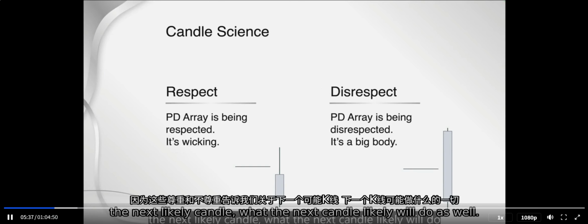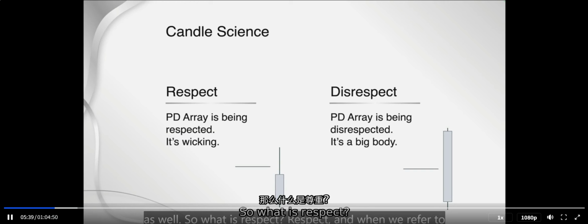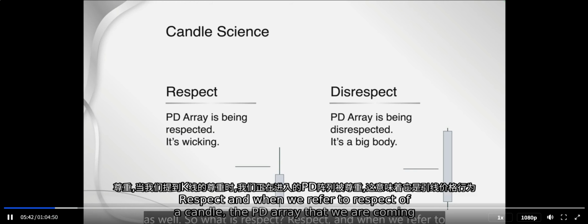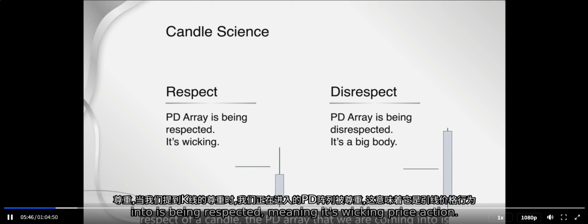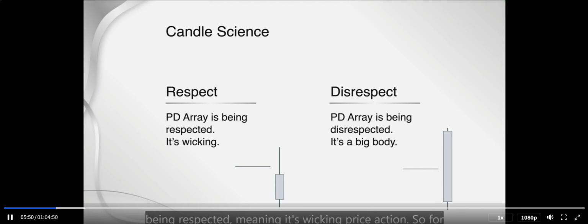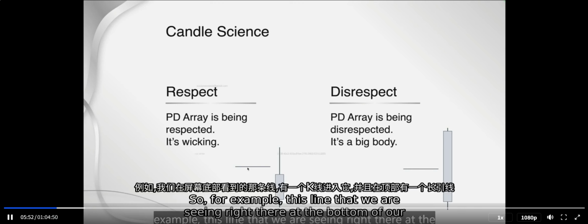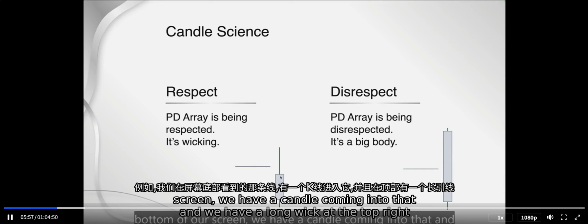So what is respect? When we refer to respect of a candle, the PD array that we are coming into is being respected, meaning it's wicking price action. So for example, this line that we are seeing right there at the bottom of our screen, we have a candle coming into that and we have a long wick at the top right there.